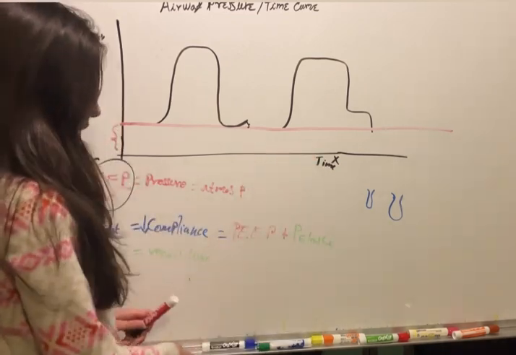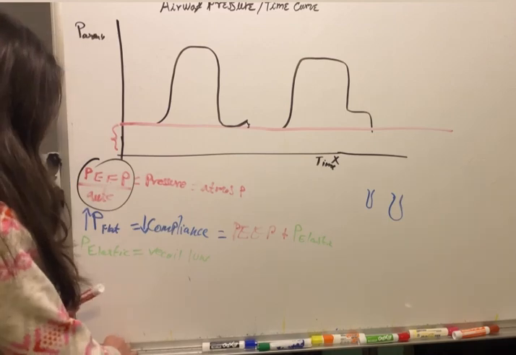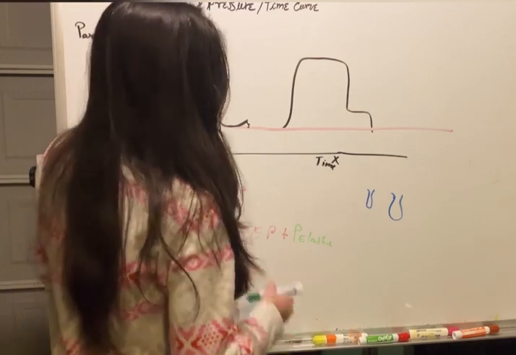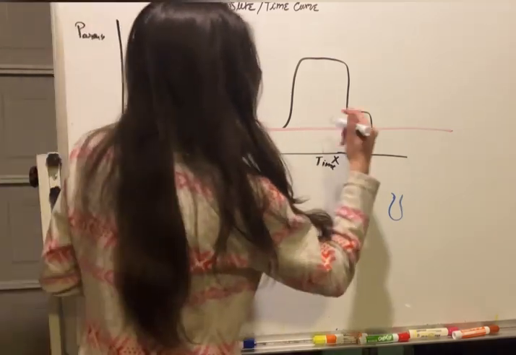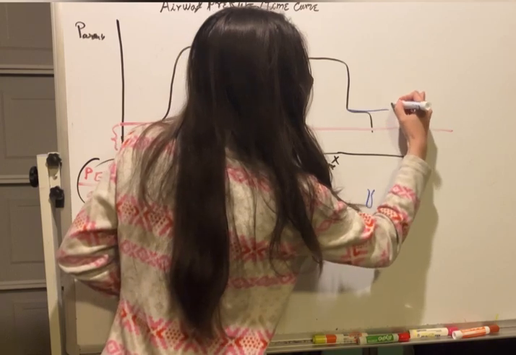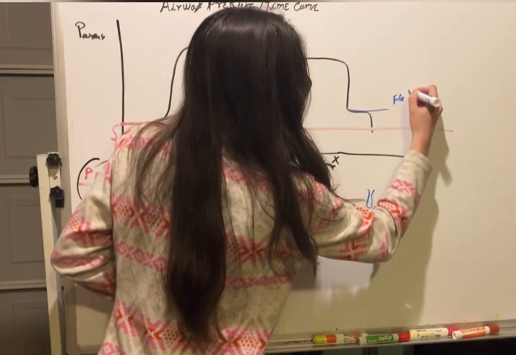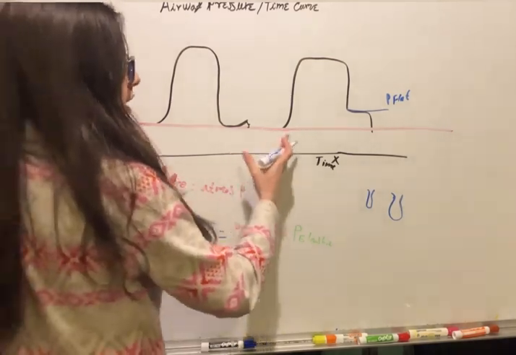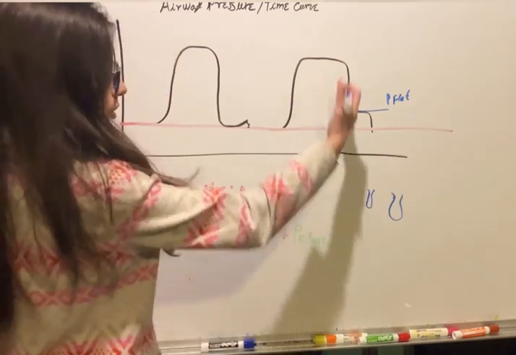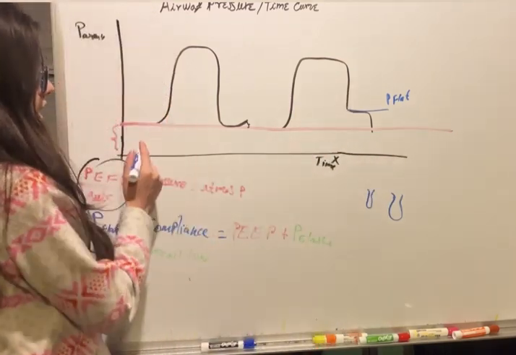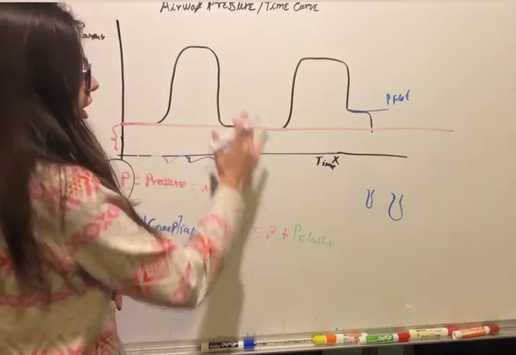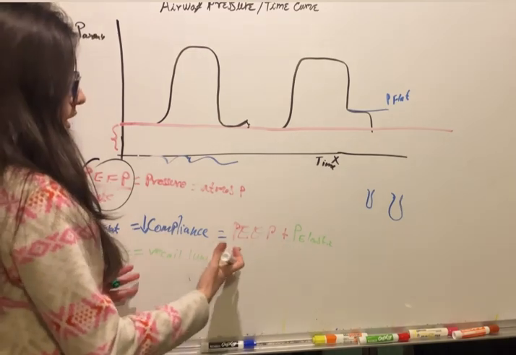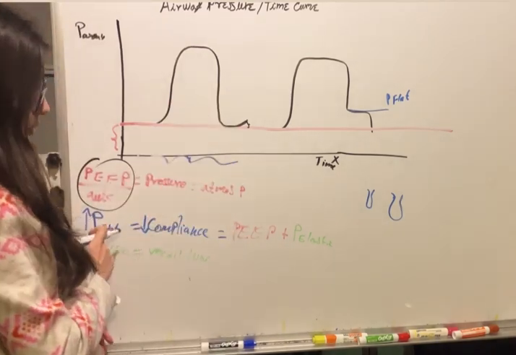So if we graph this here, the plateau pressure is this. This is the plateau pressure. Here we are holding inspiration and holding expiration to be able to measure these parameters. So this is inspiration, expiration, but here we are holding them to be able to separate the pressures and see which part of the graph corresponds to each pressure.